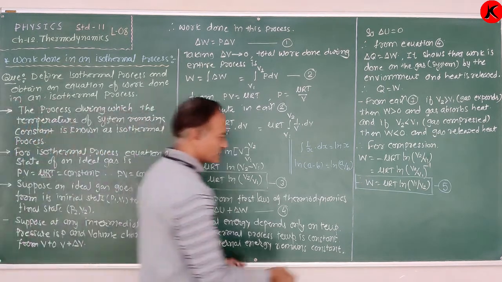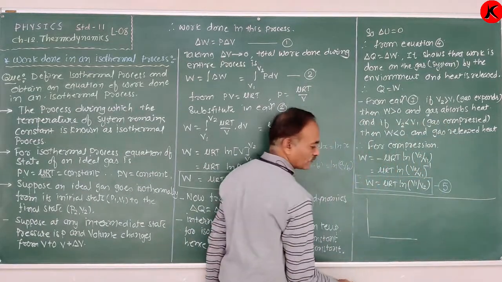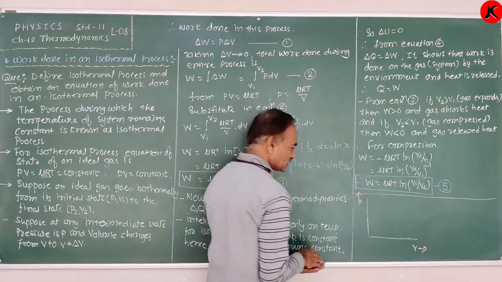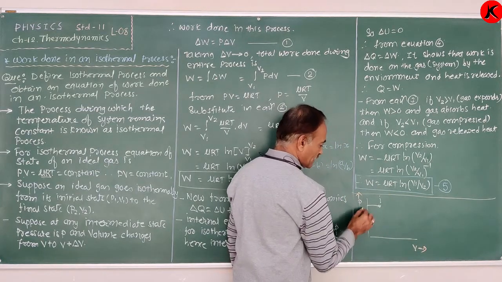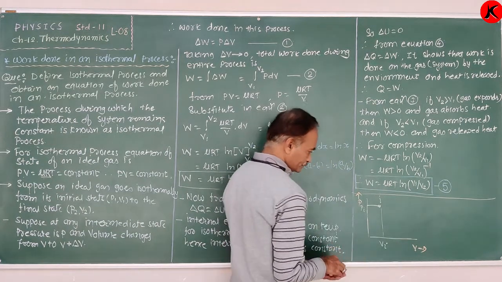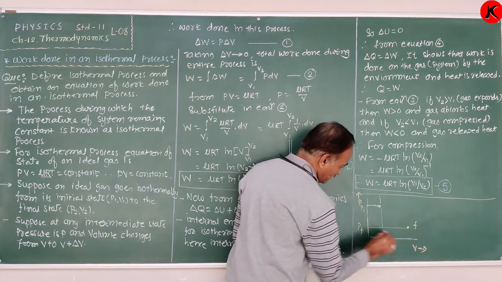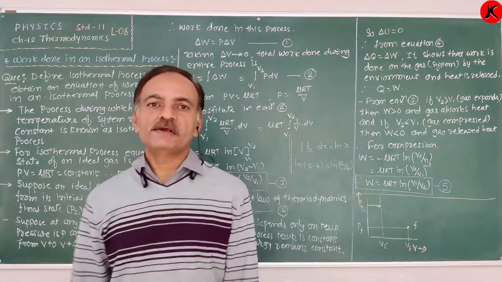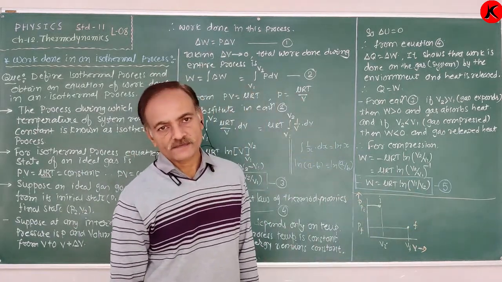Already we discussed this type of graph: pressure versus volume. For the isothermal process, the pressure is P, volume is V. There is the initial state of the system, I, where the pressure is Pi, volume is Vi. And the final state is this, where the pressure is Pf, volume is Vf. Already we discussed that. We bring the system from the initial state to the final state in three different ways.